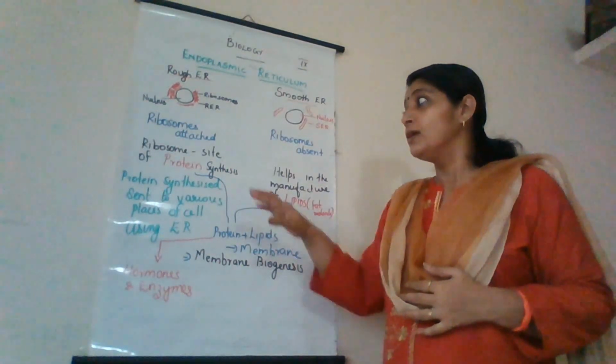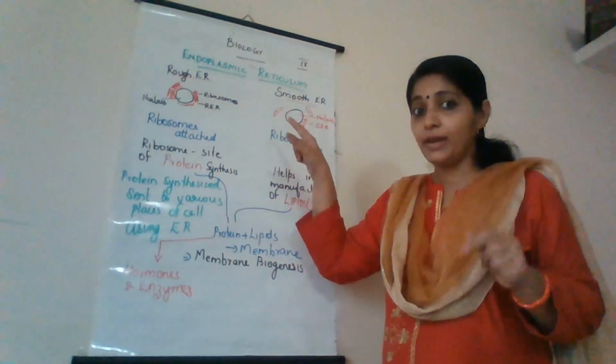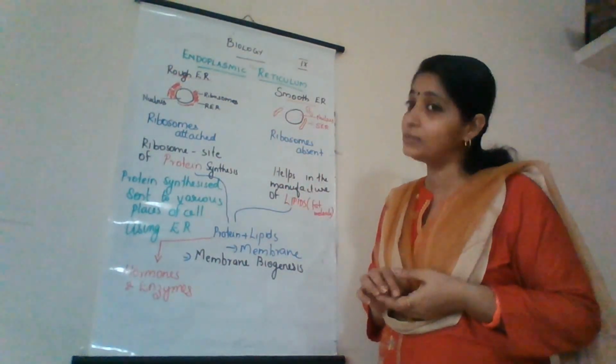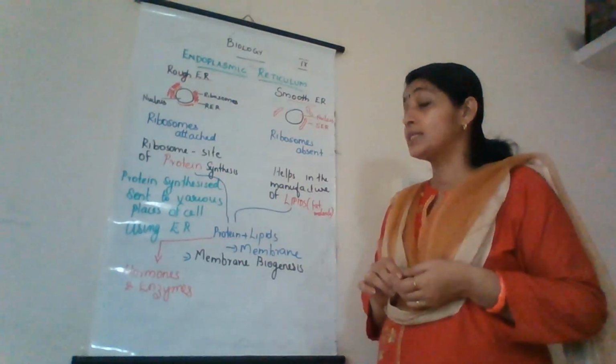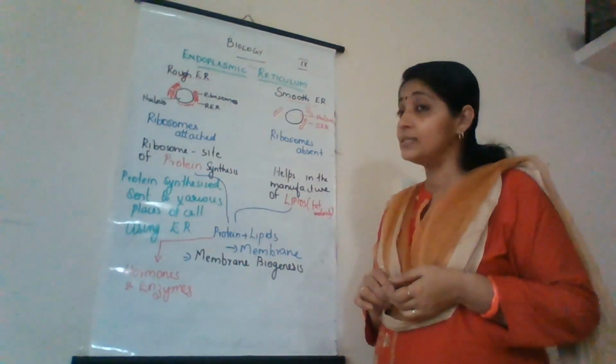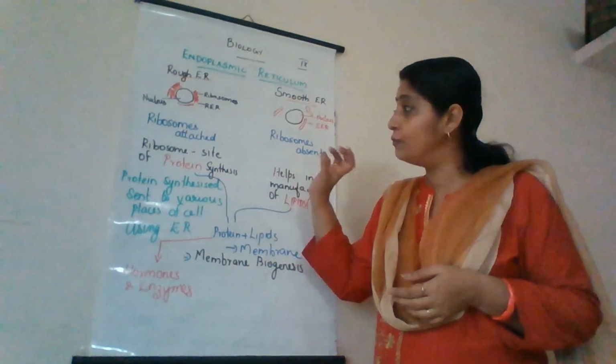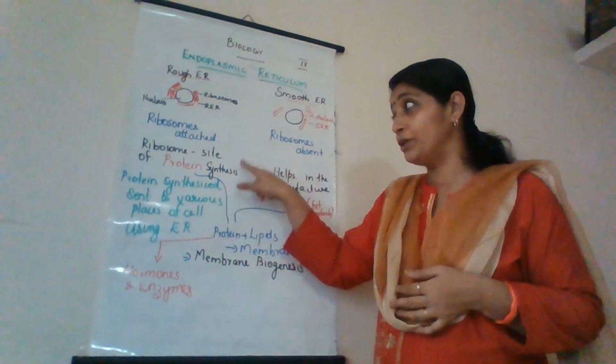Ribosomes are absent. Now these ribosomes, we studied, are particles which are attached to the rough endoplasmic reticulum, and these ribosomes are the site of protein synthesis. Synthesis means production. So ribosomes are the site of protein synthesis. Very important.